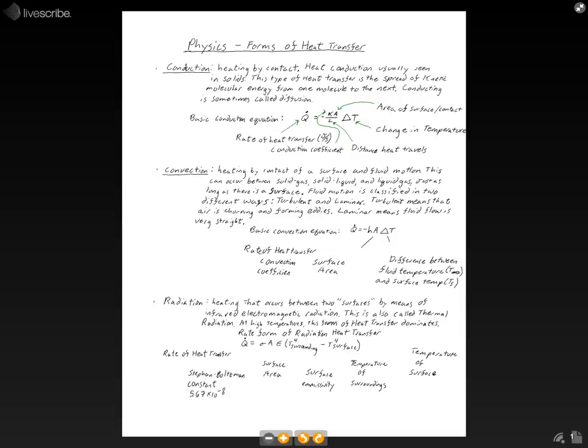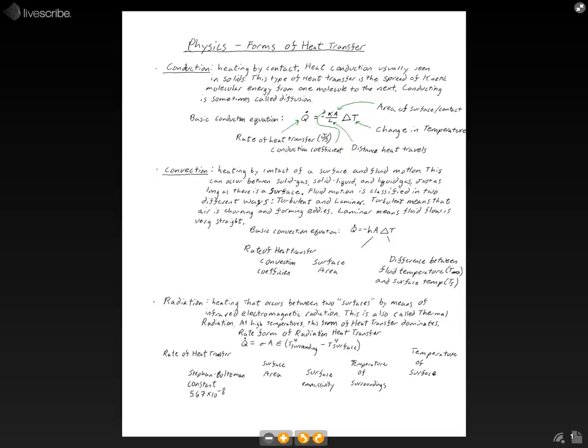So then we have convection. And convection is basically the heating between a surface and fluid motion. This can occur in a lot of different places. So like on a solid to gas boundary, or a solid liquid boundary, or a liquid gas boundary.